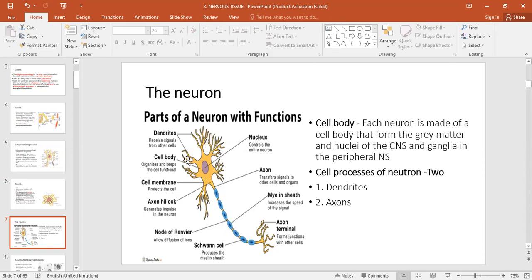Now, dendrites are specialized to receive impulses from other nerve cells. So these are receivers. Whereas the cell body is specialized to initiate impulses, conduct impulses, and transmit the impulses to the axon. So this is where interpretation of impulses occurs in the cell body.